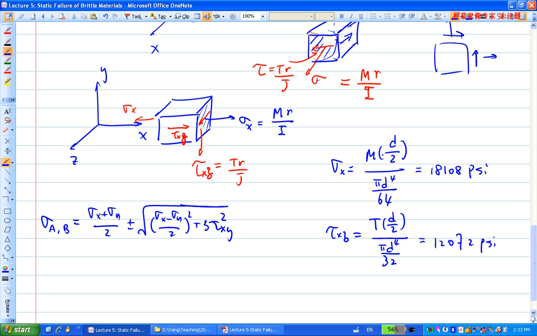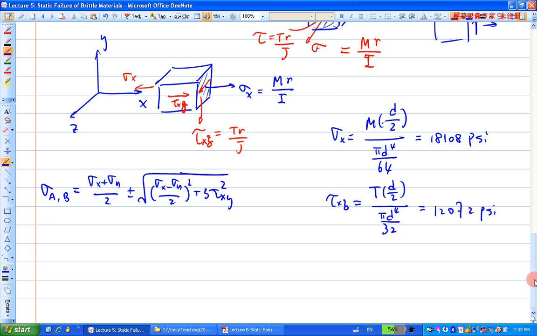So this is the formula for the two principal normal stresses. But there's a little confusion here. The general one is sigma x, sigma y. You have to be a little bit careful here. So this is sigma x, sigma y, and then tau xy. That's the formula for this one here.